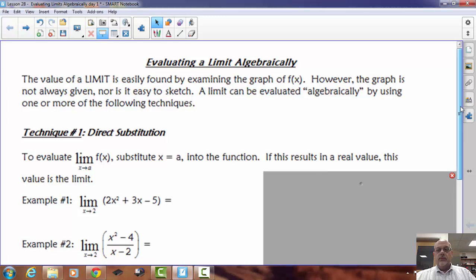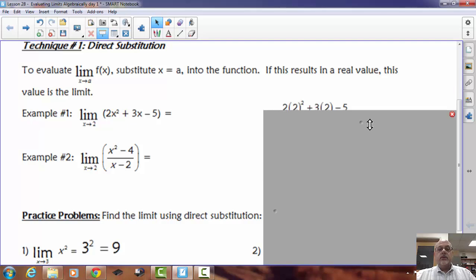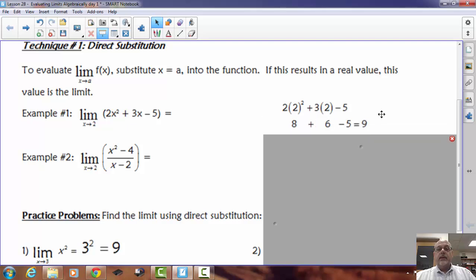So if we look at our first example, we're looking to evaluate the limit as x approaches 2 of the function 2x squared plus 3x minus 5. So the first thing you do is you take the value under the limit symbol and you substitute it into the function where the x's appear. So you evaluate that, and if you get a real number answer, if it's a real value, there's your limit. So the limit of this function is 9.